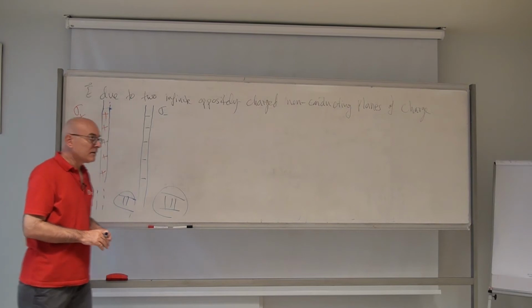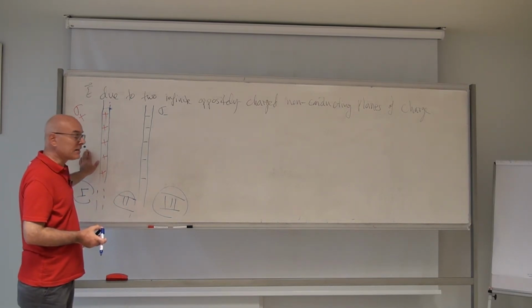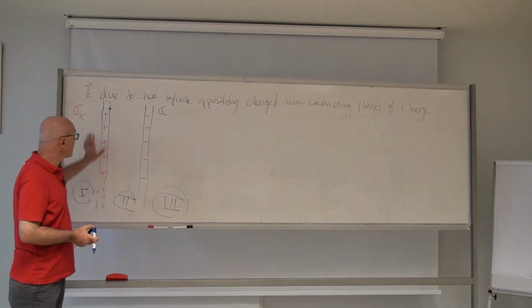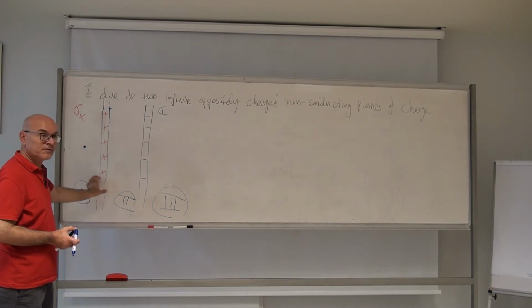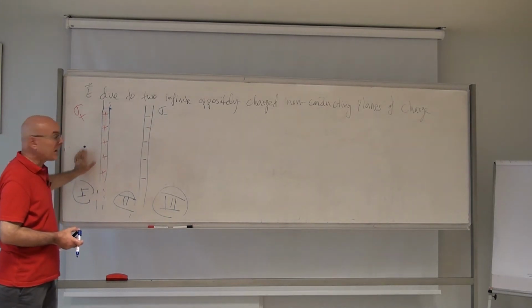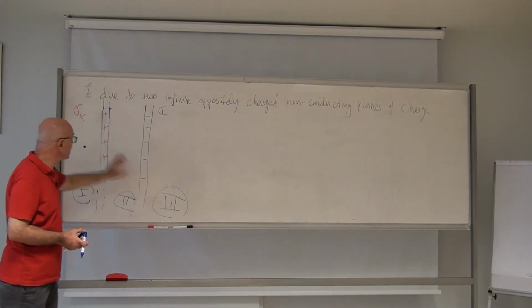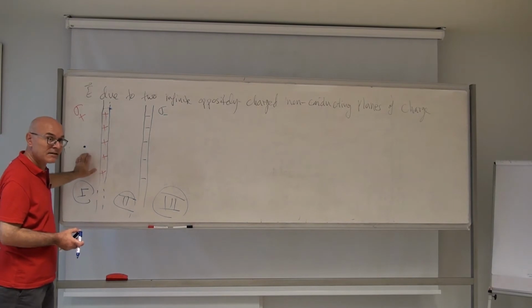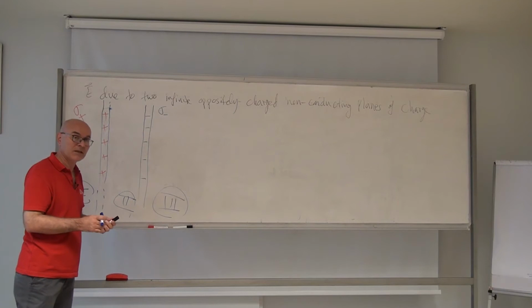Superposition says that the electric field here can be found by first finding the electric field due to the positive sheet, assuming the negative doesn't exist, and then finding the electric field of the negative sheet, assuming the positive one doesn't exist, and then adding them vectorially. This is what the superposition principle is about.